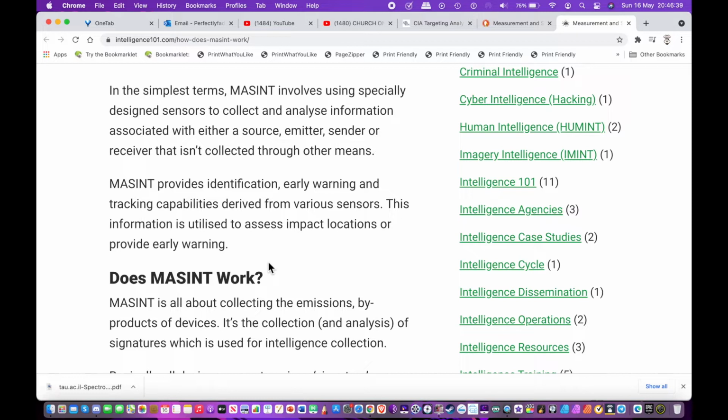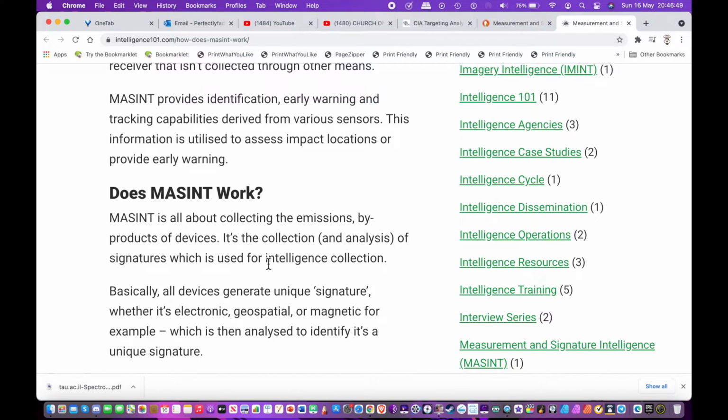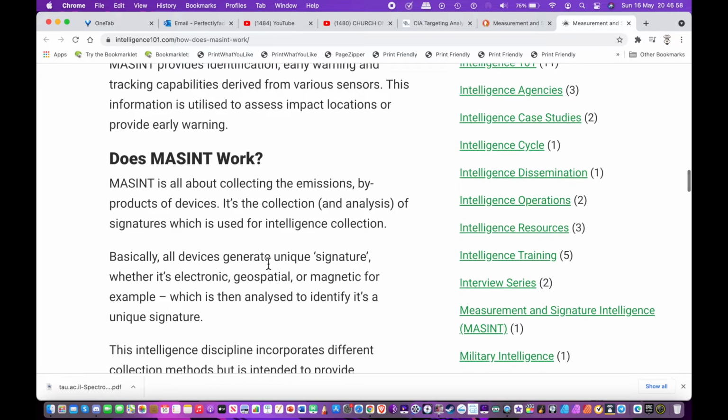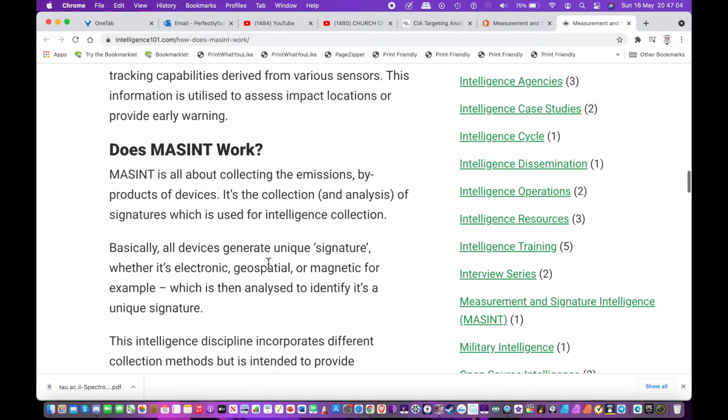This information is utilized to assess impact locations or provide early warning. How does MASINT work? MASINT is all about collecting the emissions byproduct of devices. It's a collection and analysis of signatures which is used for intelligence collection.